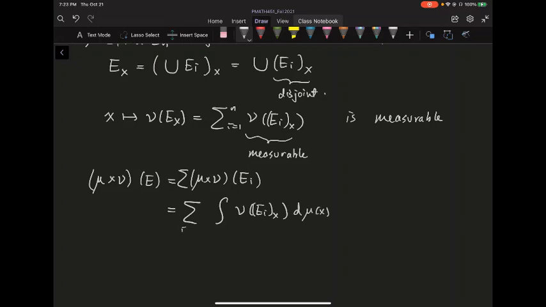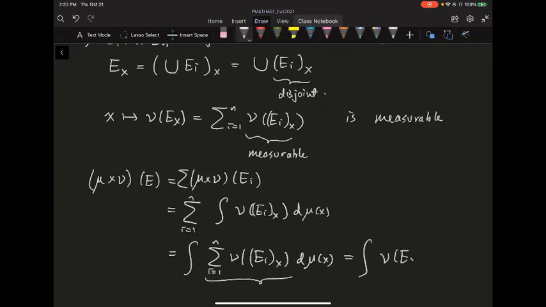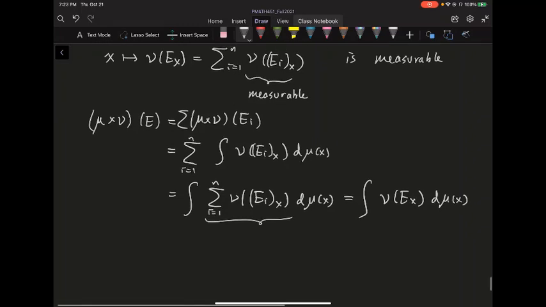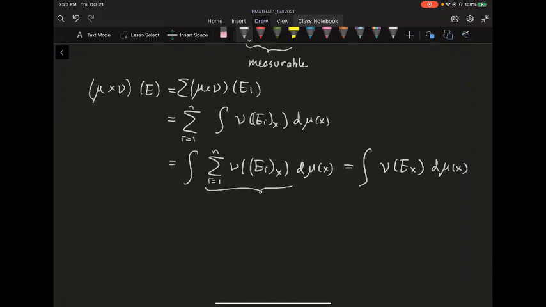Everything here is finite, so you can interchange the summation and the integral, moving the summation inside, and this is essentially just nu of Ex. So this is the integral of nu of Ex d mu x. And you do the same thing for the integral along y, and you get that E satisfies everything in star, so E is inside C.